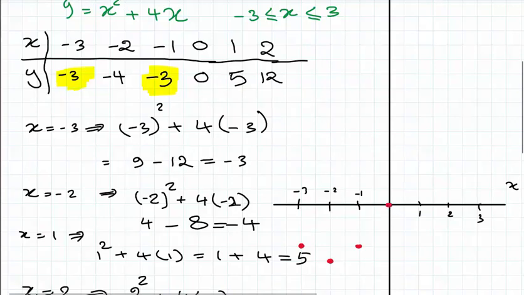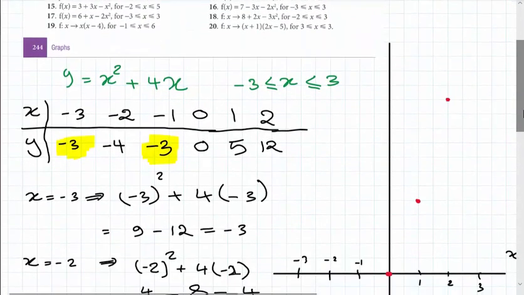1, 5. 1 is here in x. Then 1, 2, 3, 4, 5. This is 1, 5. So far, we see a smooth curve. 1, 5 done. 2, 12. 2 in x is here. 12: 1, 2, 3, 4, 5, 6, 7, 8, 9, 10, 11, 12. And the next point goes to 21.